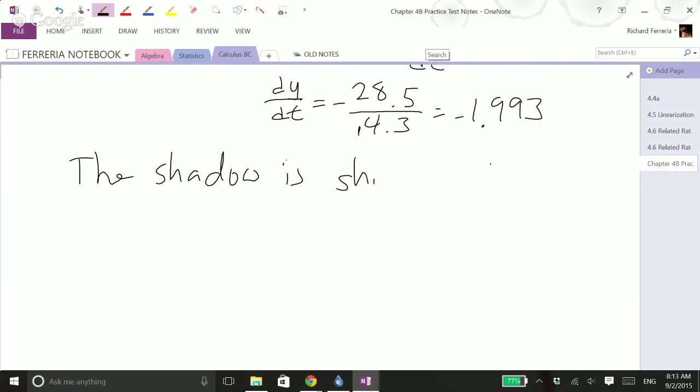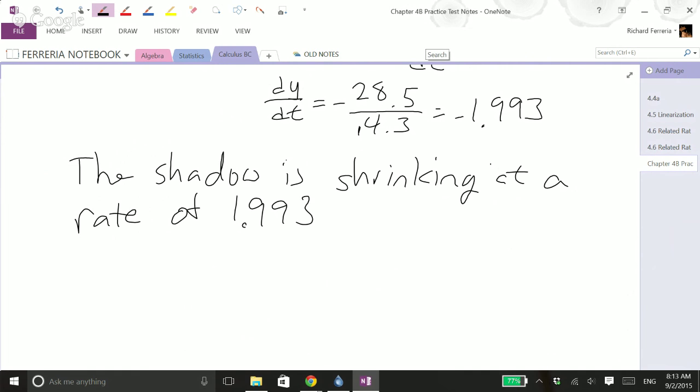Shrinking at a rate of 1.993 feet per unit of time. Second. My handwriting is ugly.